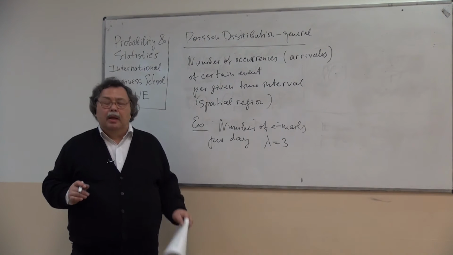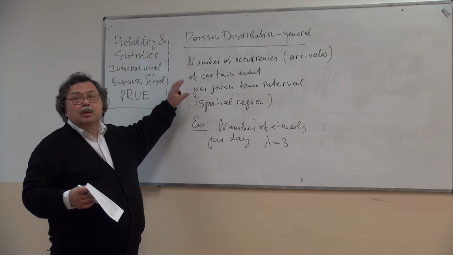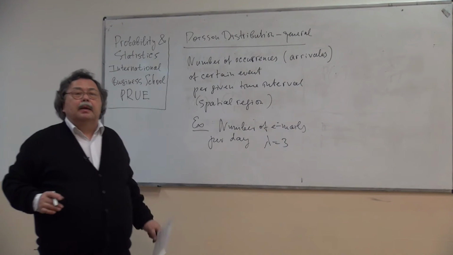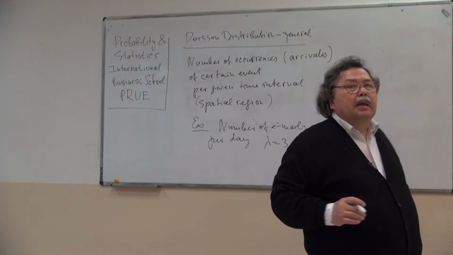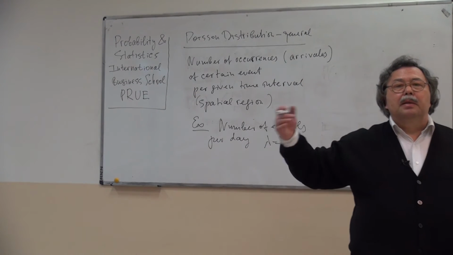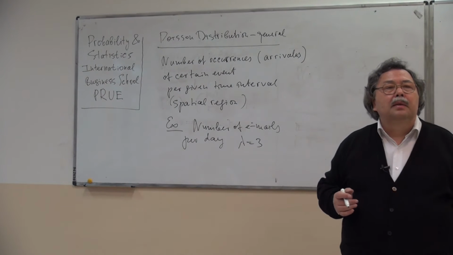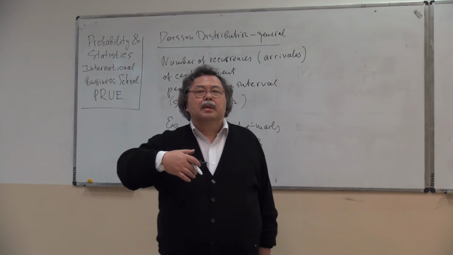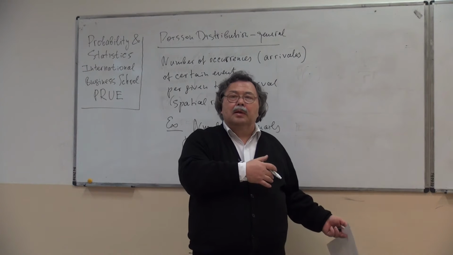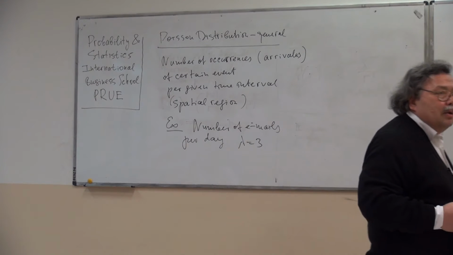Okay. Now, let's look at what's written here. Can we say that the arrivals of this event are independent of one another? The arrival of one message is independent of the arrival or non-arrival of another message. I think it's a very natural thing to assume.